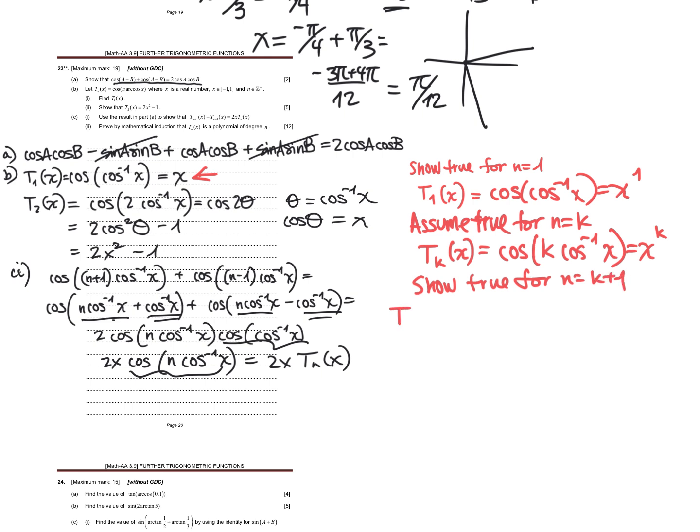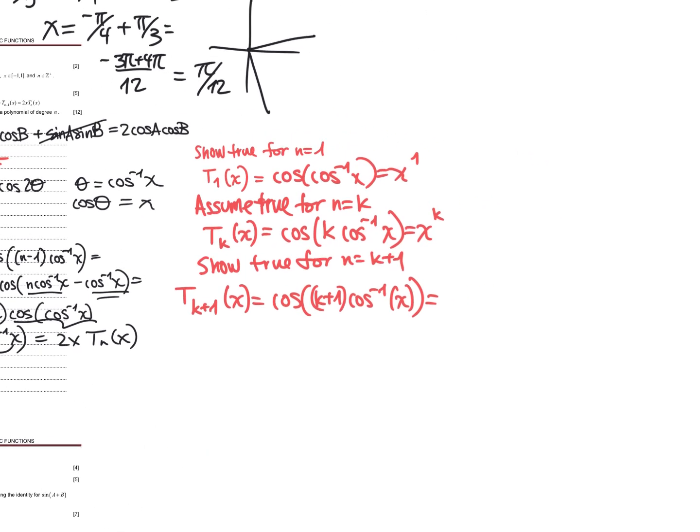So the way that they do it is, because we want to show it's true for k plus 1, we're assuming it's true from 1 to k.